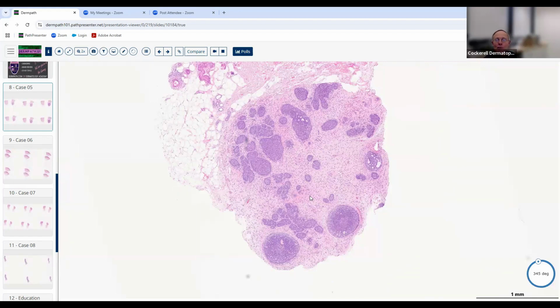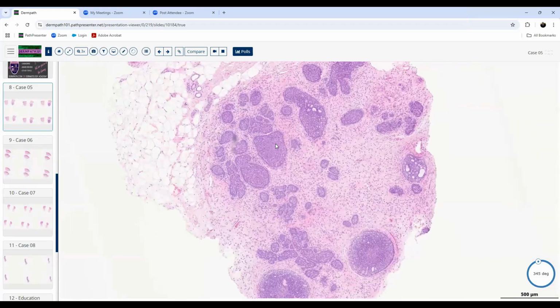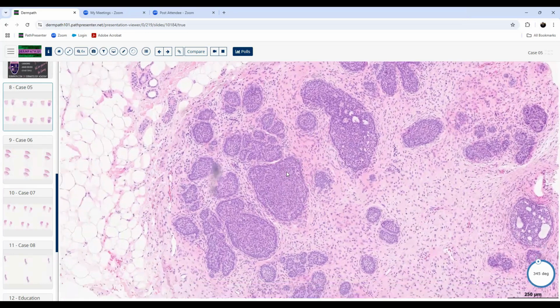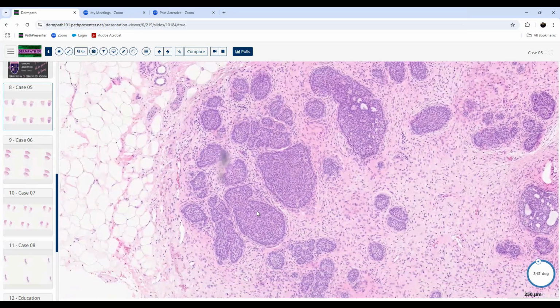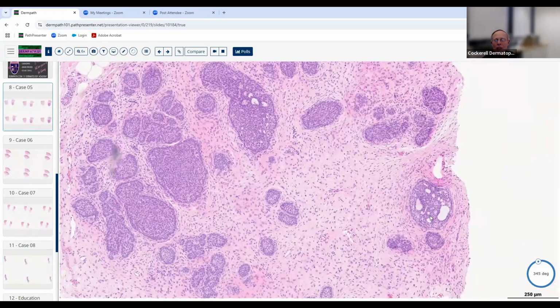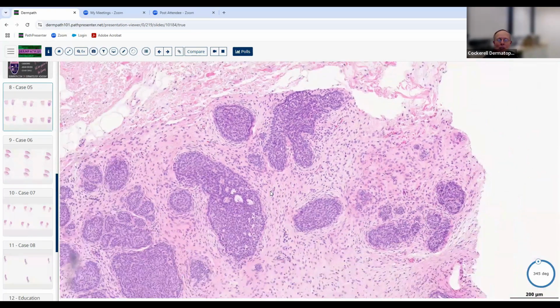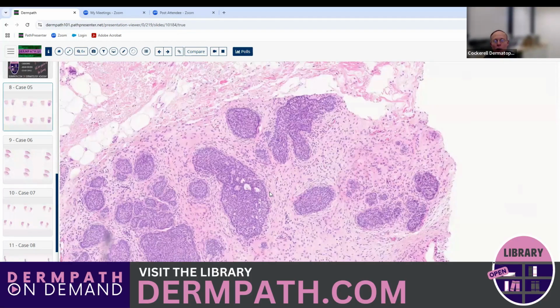Isn't it very similar to a trichoepithelioma, but in this particular case the basaloid cells are more predominantly in the deeper dermis rather than in the superficial layer? Yeah, that's reasonable. I think that's fair enough. And it also tends to be a little bit more primitive than a classic trichoepithelioma.